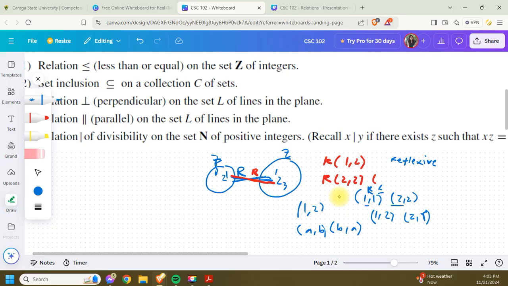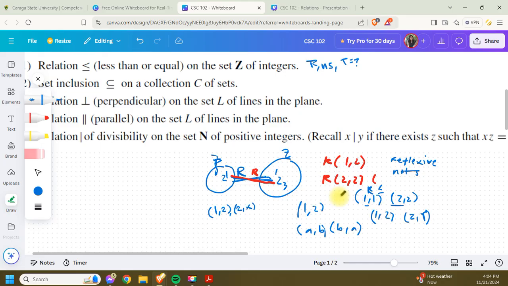Now, let's go to transitive. So this is not symmetric. Is it transitive? Transitive means if (1, 2) exists, then there should also be an element which starts at 2, with whatever variable there is.